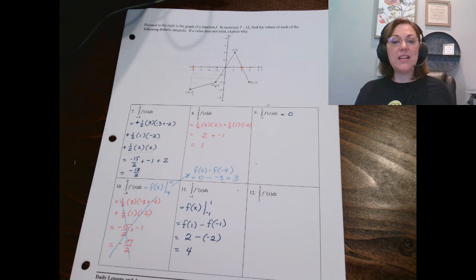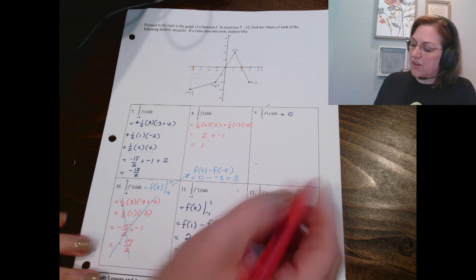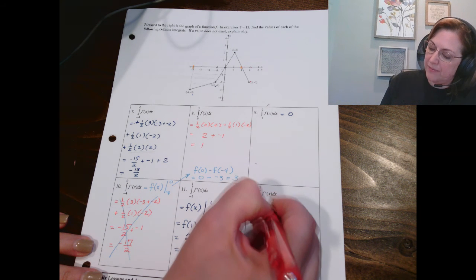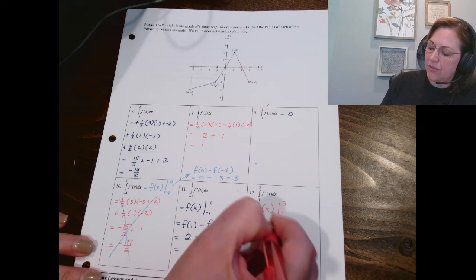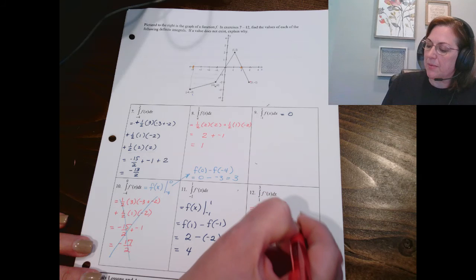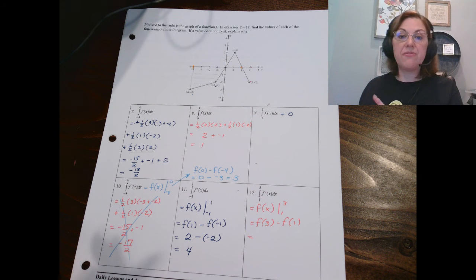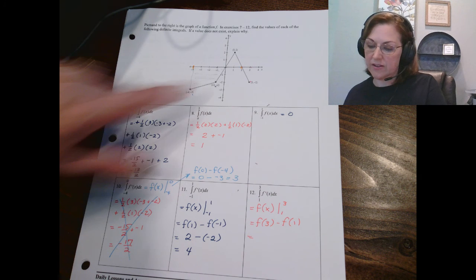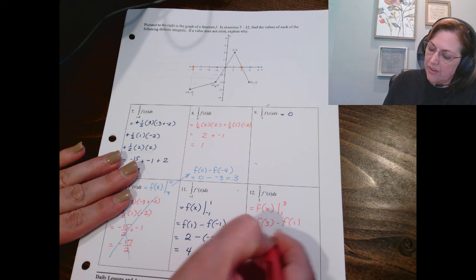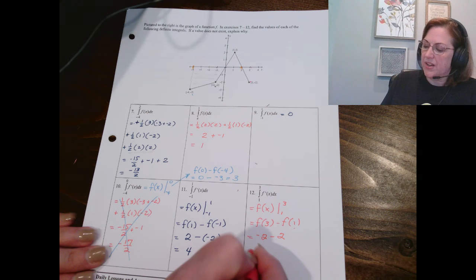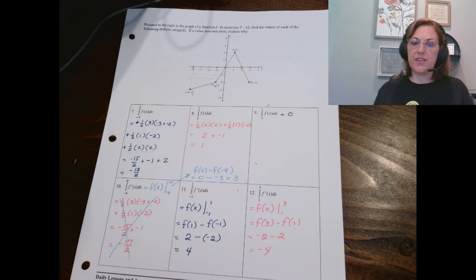All right, one last one like this. Antiderivative of f prime is f, and we're going to plug in 3, and then we're going to plug in 1. So the function at 3 is -2, and the function at 1 is 2. And so we get -4 there.